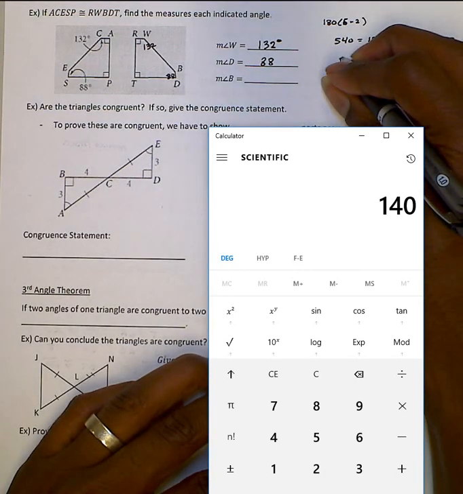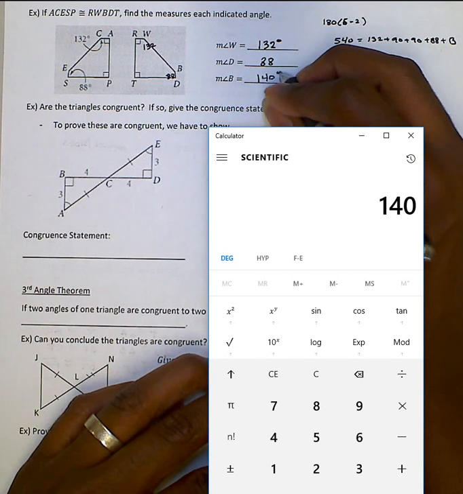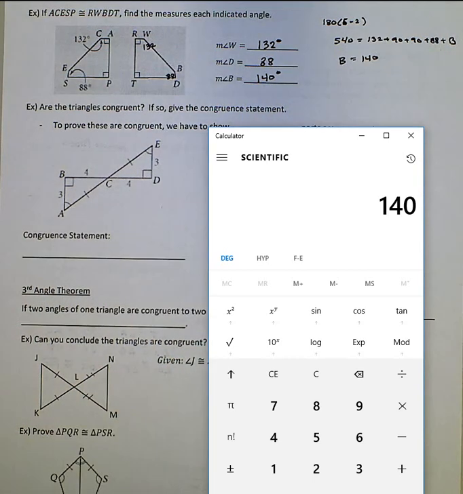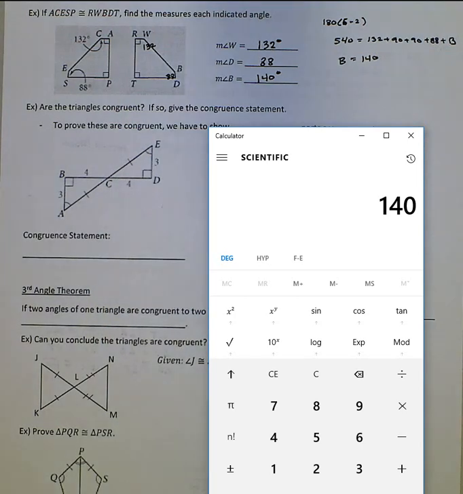So B should equal 140. It's 140 degrees. Okay, and that's all from our polygon angle sum theorem. That's a little bit of a review, but also from using the corresponding congruent parts.